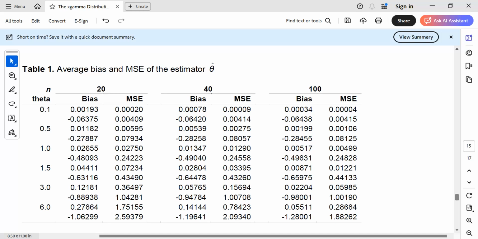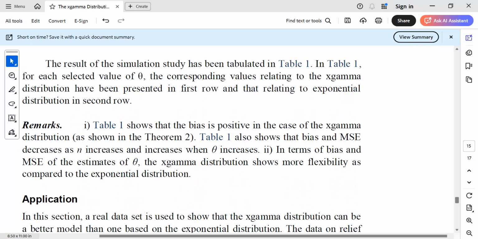I thought they did not compare the moment and the maximum likelihood estimator. But we can do so. And I think maybe I'll give that as an assignment.